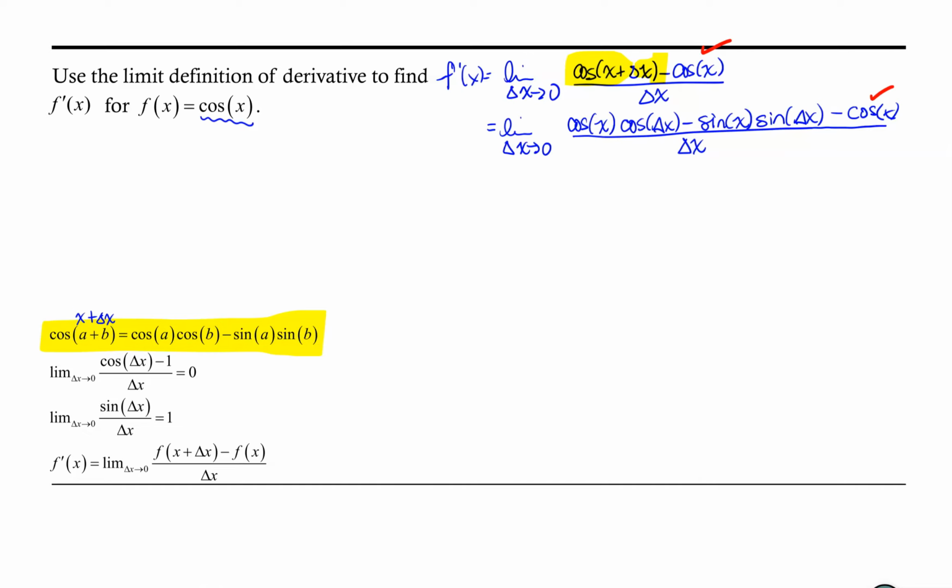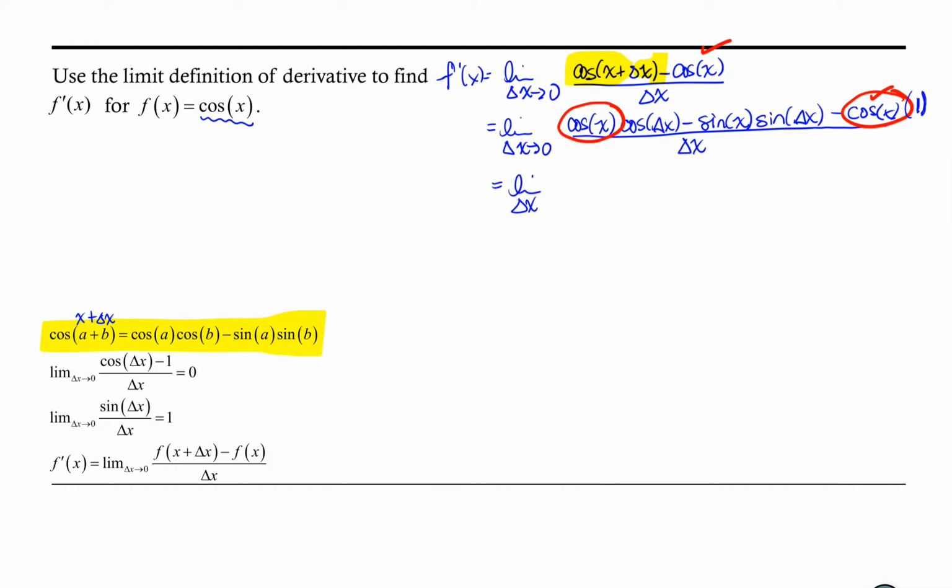Okay, all right. So as I look at this, I notice that I do have a common factor of cosine of x in my first term and in my last term. And let's remember that when I go to factor out this cosine of x, it's actually cosine of x times 1. So when I factor the cosine of x out, there will be a 1 remaining. So let's go ahead and factor those out.